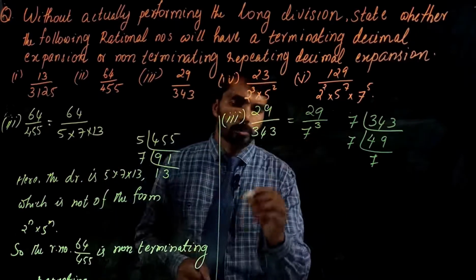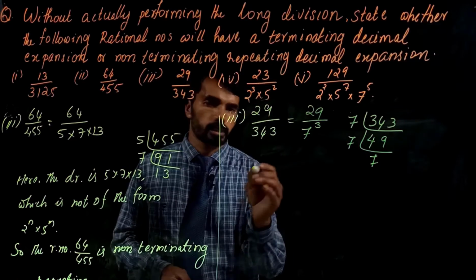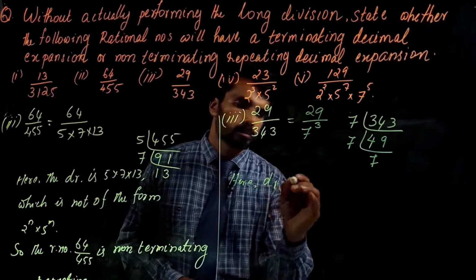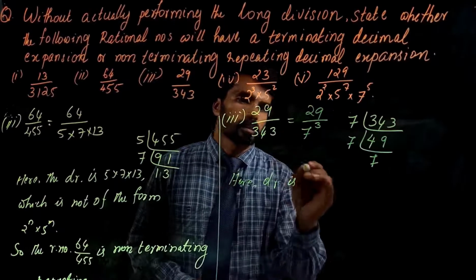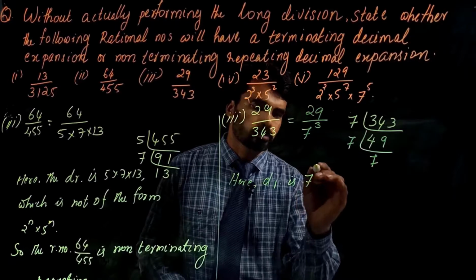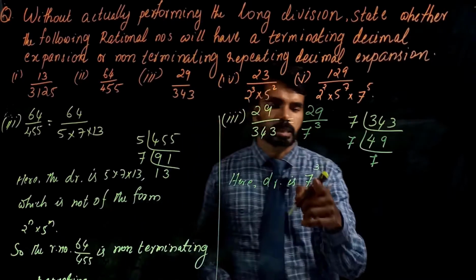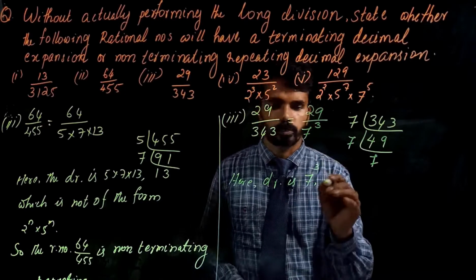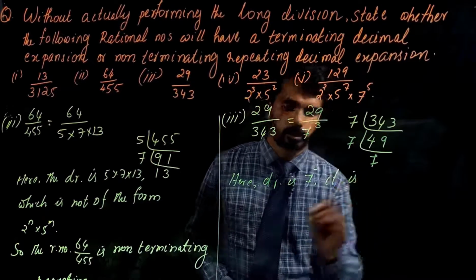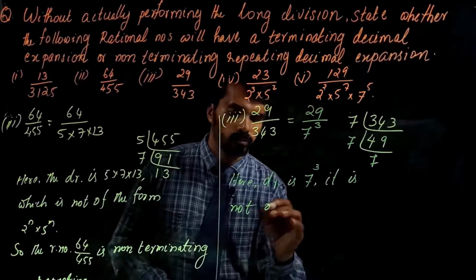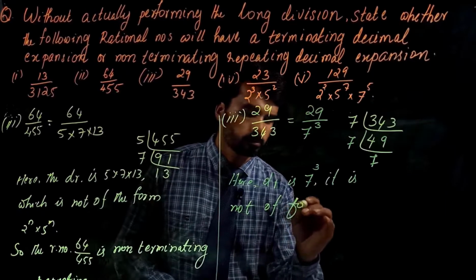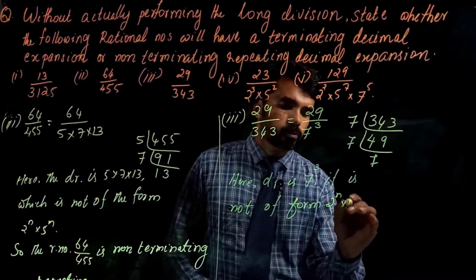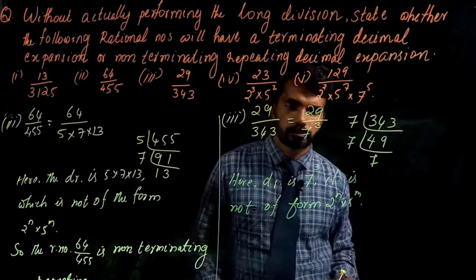Clearly again, here the denominator is 343, which is equal to 7 cubed. Obviously it is not of the form 2 raised to n into 5 raised to m.